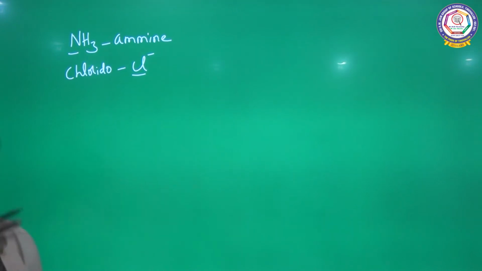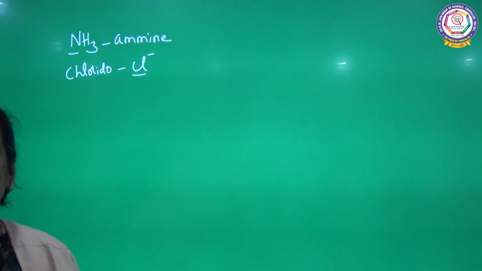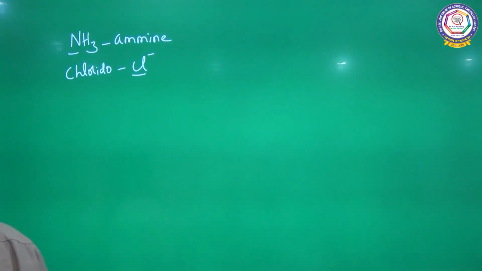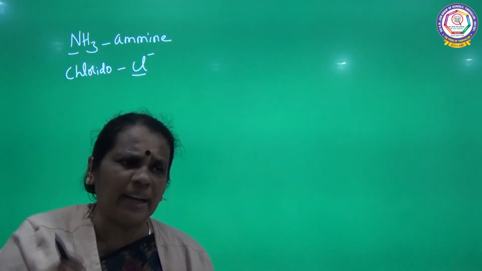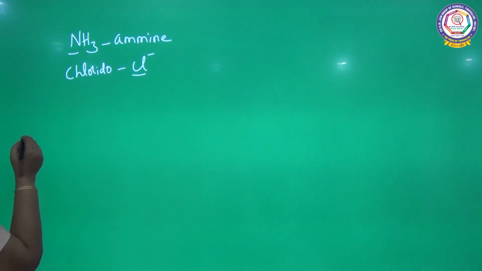So that is the second rule. Already we have seen many rules. We have to list the ligands in alphabetical order, choosing the first letter of the symbol and arranging it alphabetically. Here I will write the counter ion first.